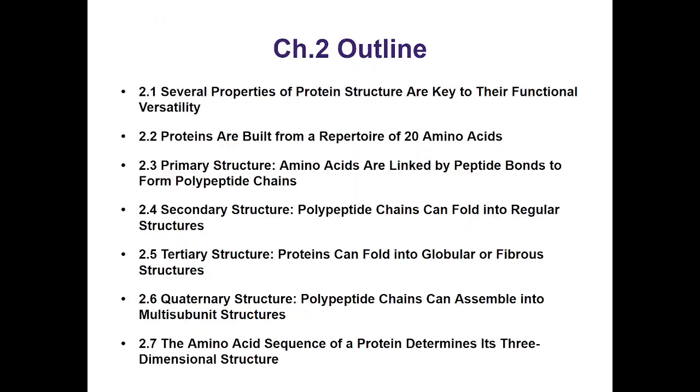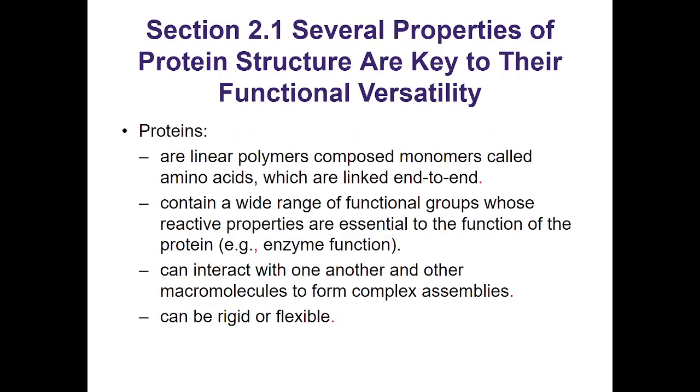These will be the learning goals and outlines for this chapter. So proteins can be considered linear polymers composed of monomers called amino acids. These will be linked from one end to the next, over and over and over, like all monomers, right?